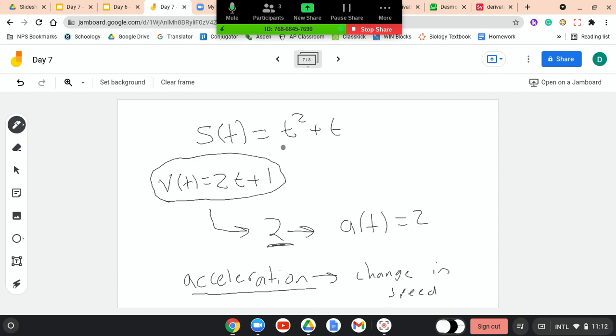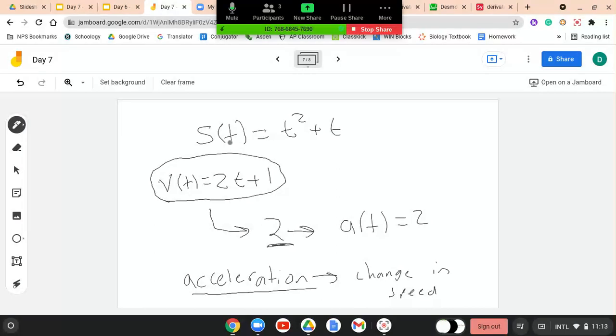So just from taking the derivatives of this position function, we're able to extrapolate information about the way I'm traveling, which is useful. A kind of problem I might ask you later is if I gave you this position function, what's my acceleration? You would say, my acceleration is 2 and it's constant.